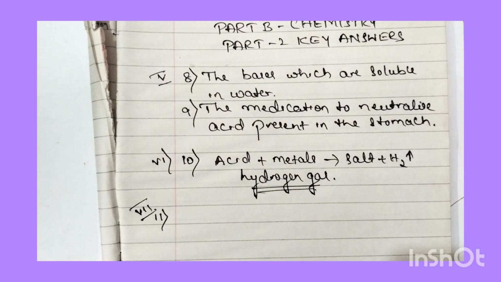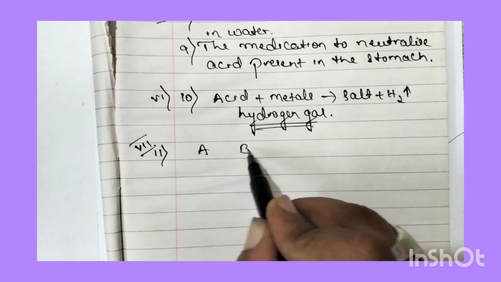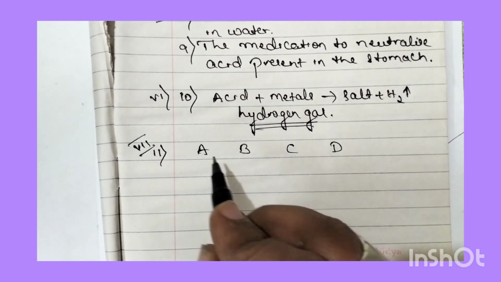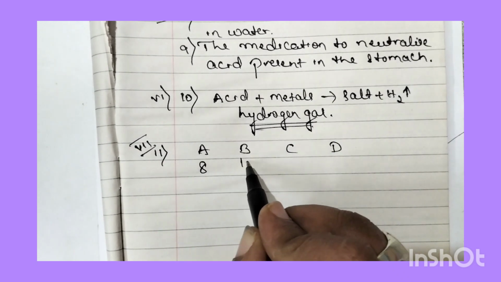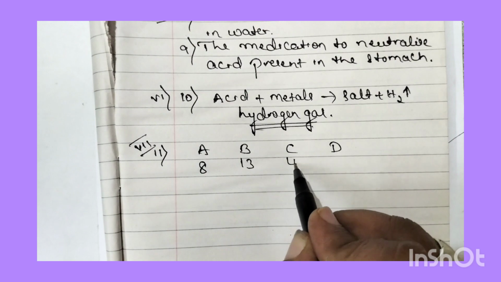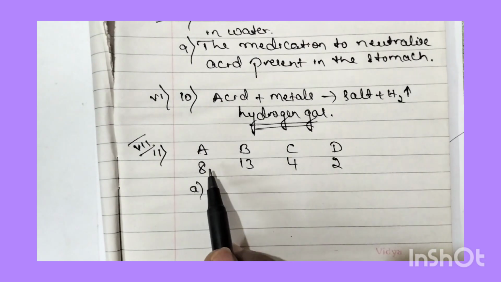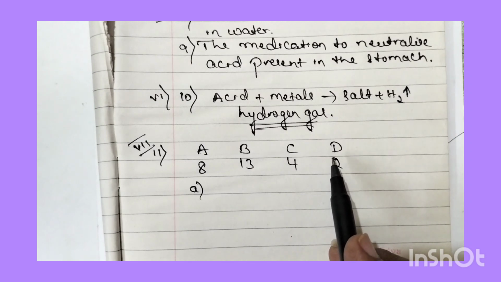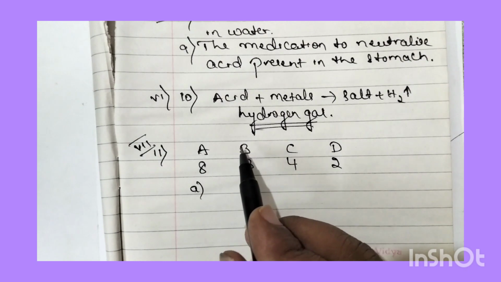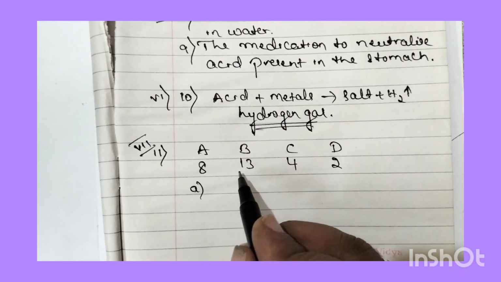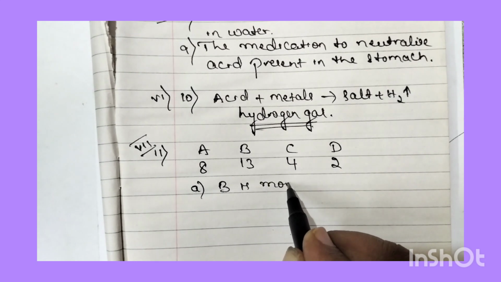Among these 4 solutions, the pH of A is 8, B is 13, C is 4 and D is 2. The most alkaline is the solution having the highest pH, that is B. So B is more alkaline.